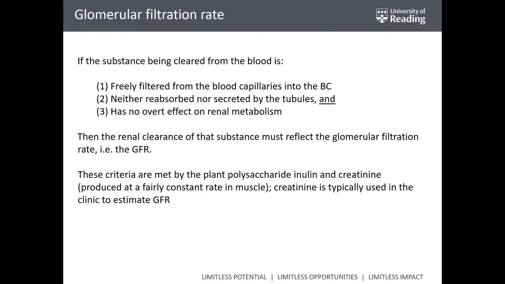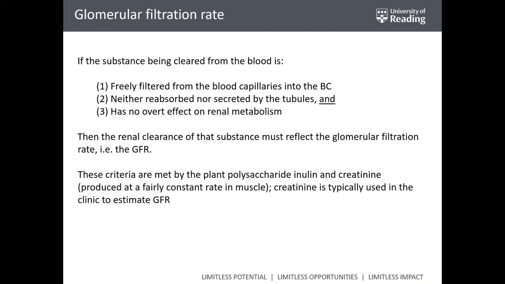So let's start from the glomerular filtration rate, which will tell us how we can measure clearance and how that is a measure of kidney function. The glomerular filtration rate is the rate of freely filtered blood from the capillaries into the Bowman's capsule.